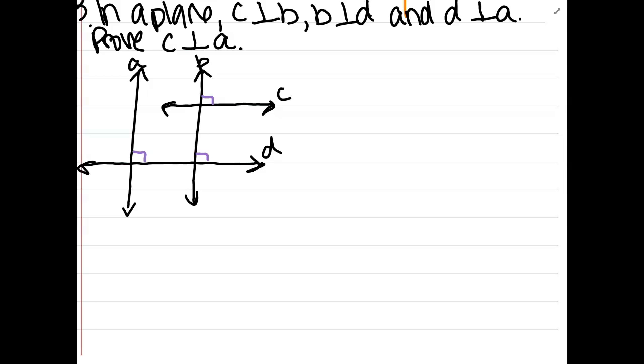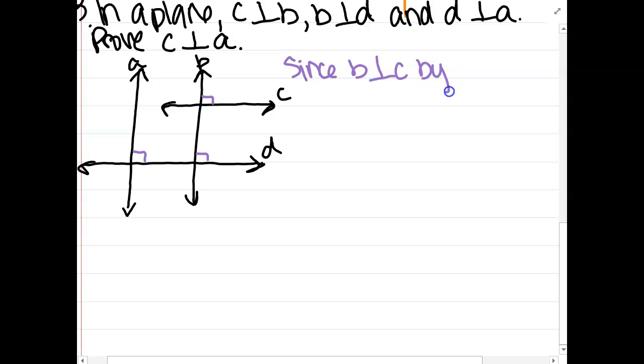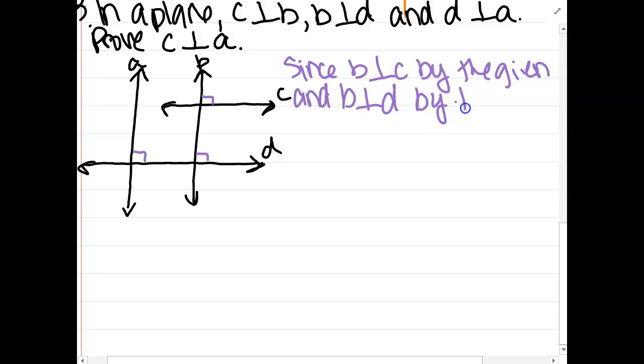We're going to start by saying, since B is perpendicular to C by the given, and B is perpendicular to D by the given, C is parallel to D. And you have to explain how we know that.